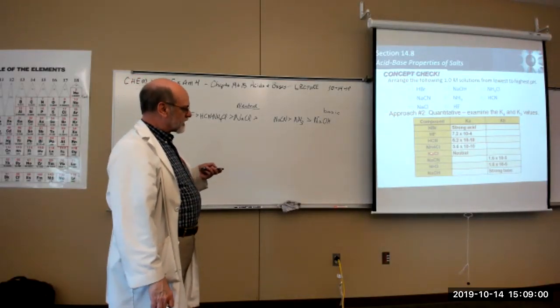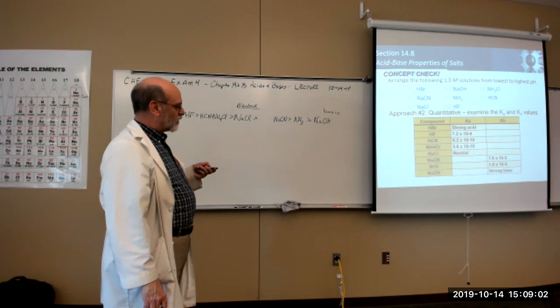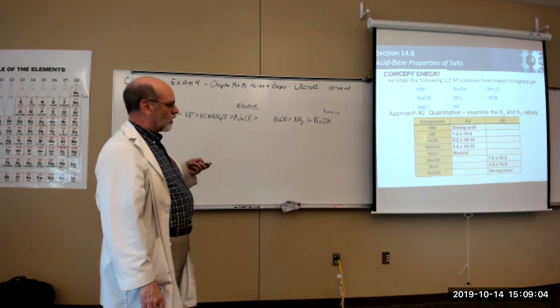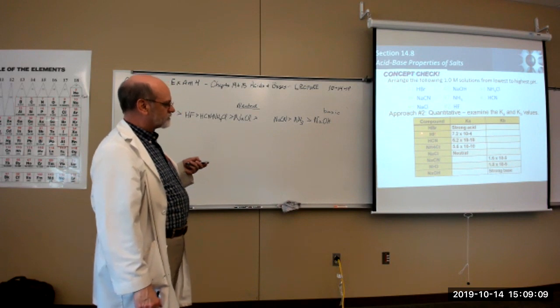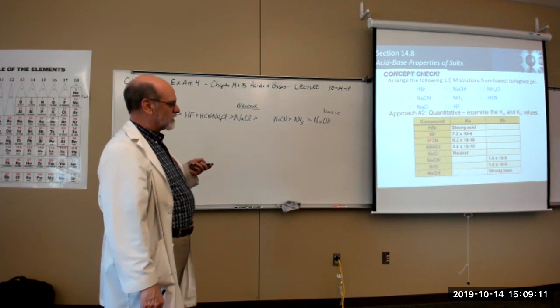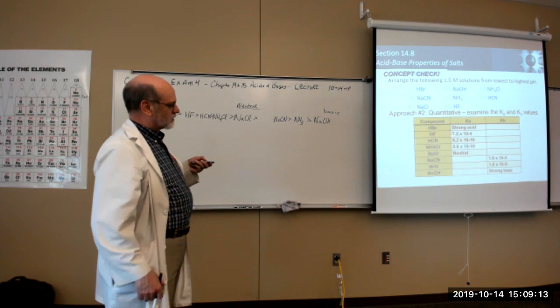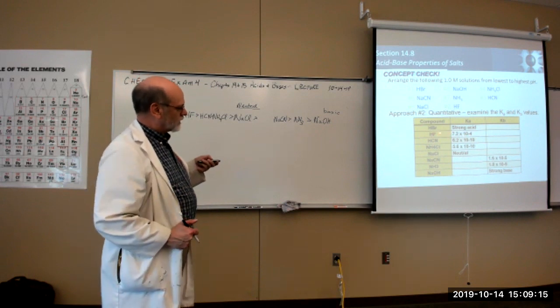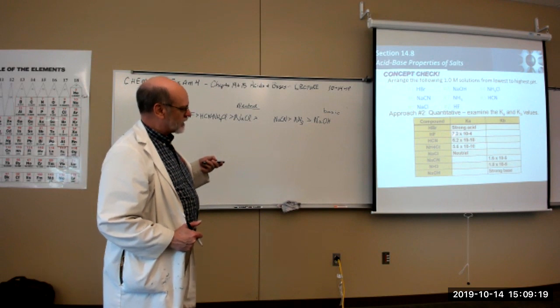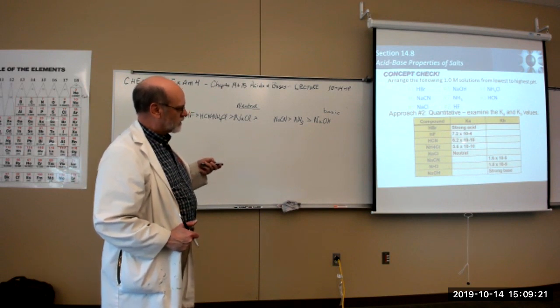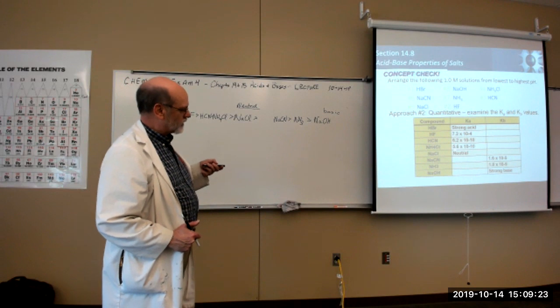Now the neutral, we stick in the middle, but we got to decide where the others fall. We know the Kas are going to be on the acidic side. Right? So we say that this one, the HF, that's a stronger acid. It's a larger number than the next one, and that's a larger number than this one.